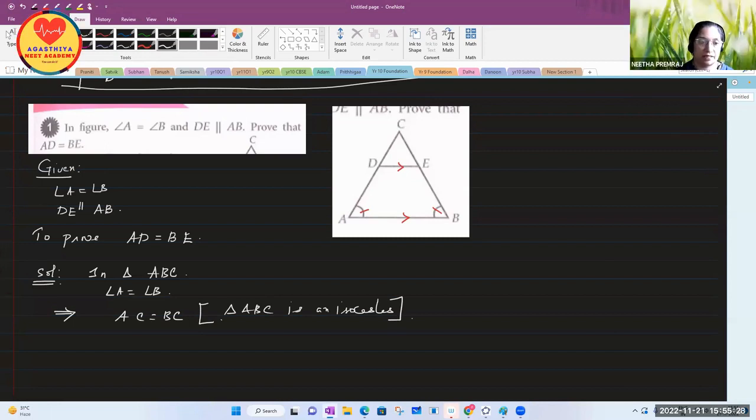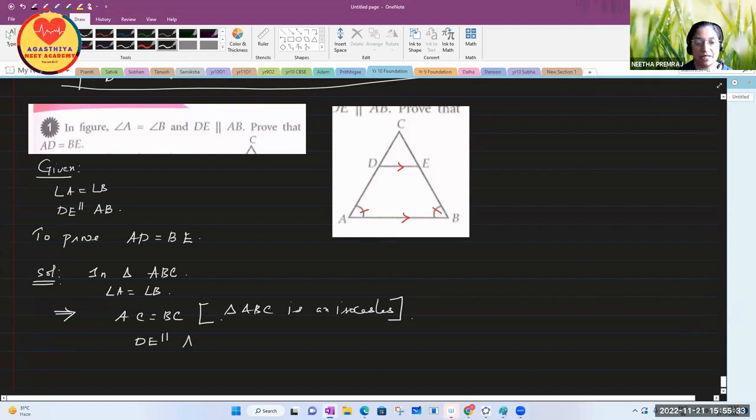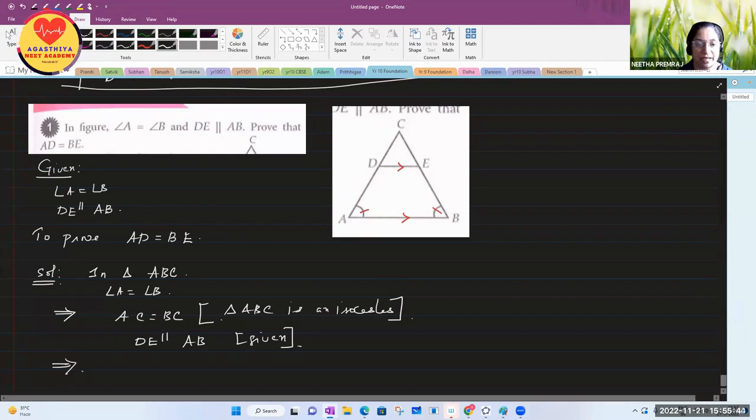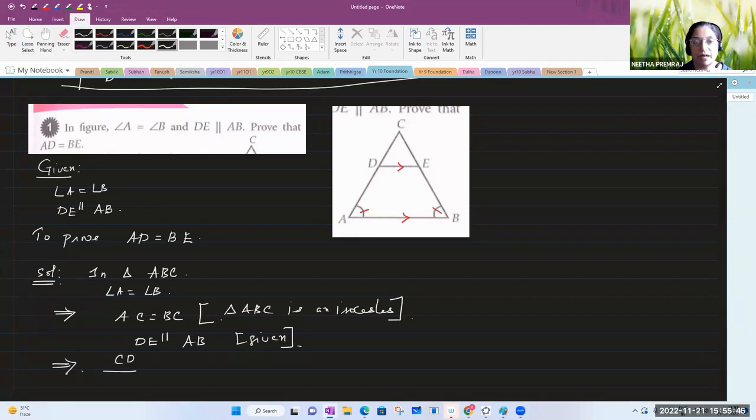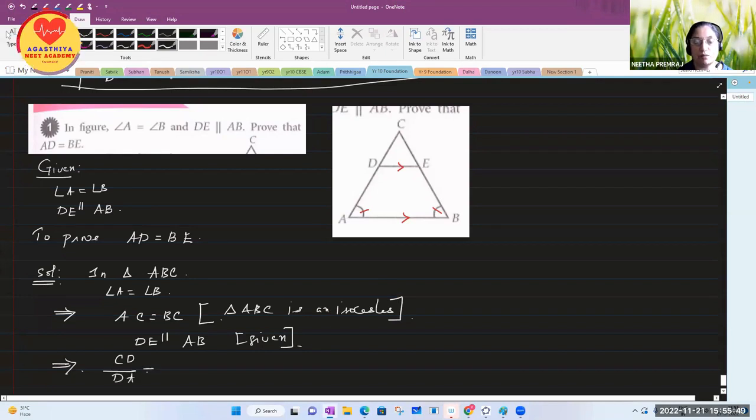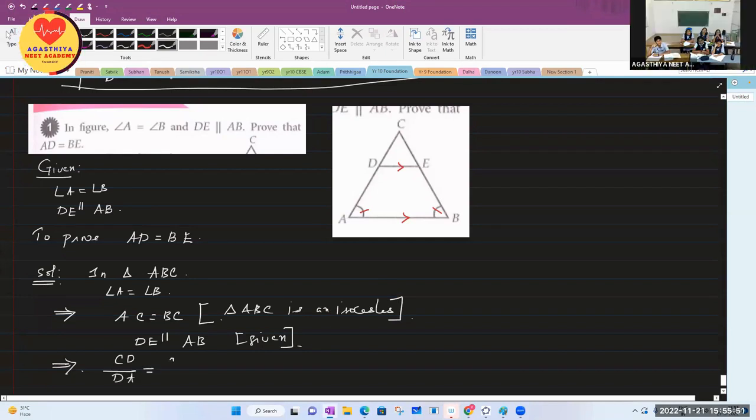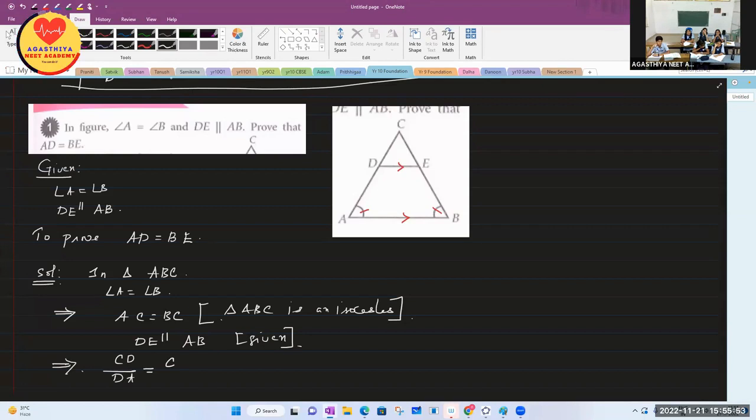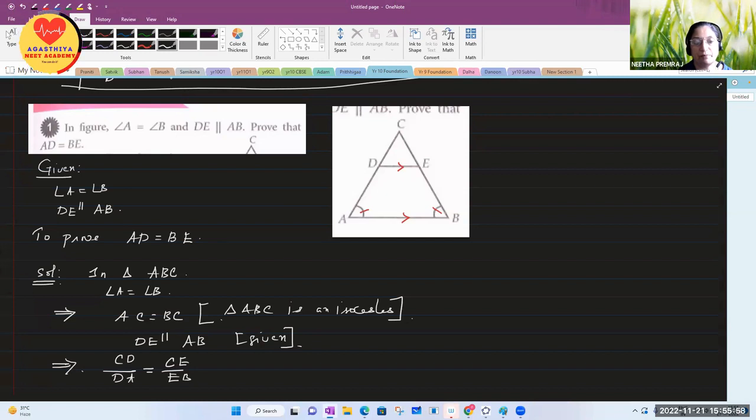Now next, it is given DE is parallel to AB. What does it mean? You can apply the basic proportionality theorem, isn't it? Because DE is parallel to AB, by BPT you can write CD by DA is equal to CE by EB, by BPT.